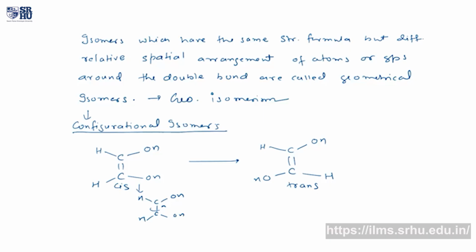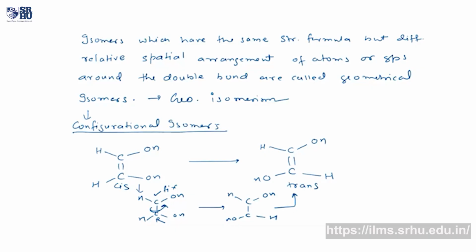First we will break the double bond and convert it into a single bond, then we will rotate the molecule keeping one atom fixed. We have to keep it fixed and rotate this one. When we rotate, we get the OH on the opposite side, and then we reform the double bond, and this is how we get the trans isomer.